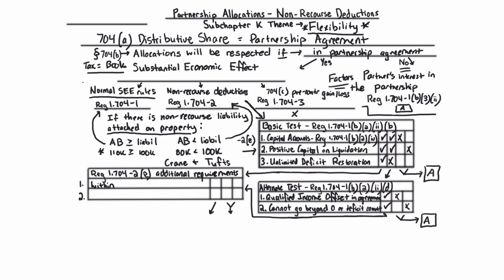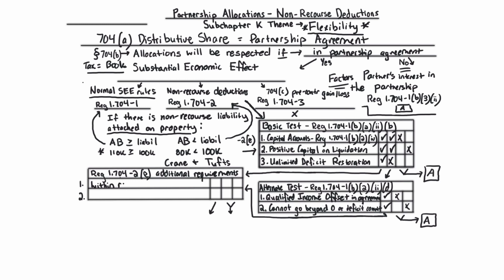We should be able theoretically to allocate any way we want, because economically, it's not going to work out that way. Well, as I mentioned at the beginning of this presentation, Congress wants flexibility, but they also don't want serious abuse, where you're just allocating all the losses to one just for tax purposes.